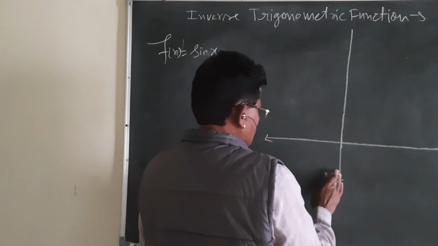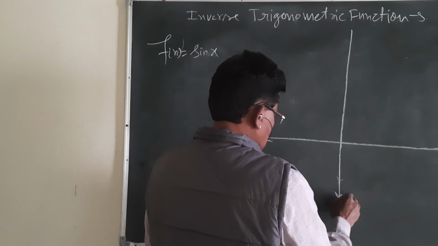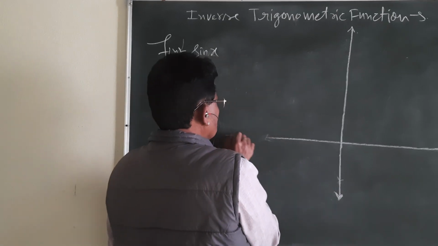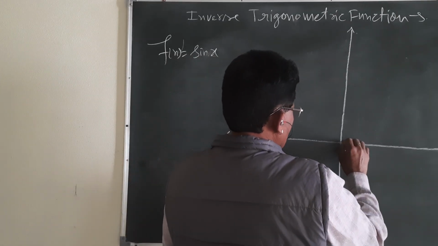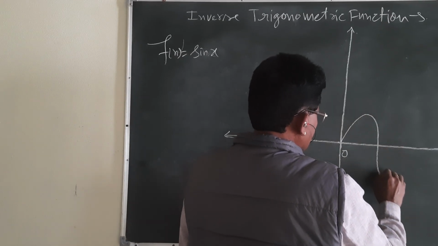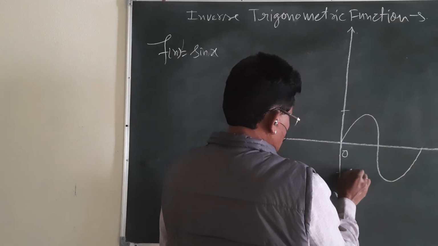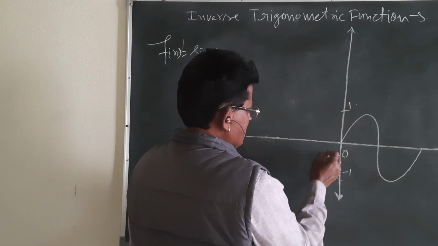Otherwise, if you directly learn the formula by heart and then try to find the solution of the question, it will be difficult. This is the origin, and you can draw the graph of the sine. I will take the range for this graph in the case of sine, that is -1 to 1, and its domain.